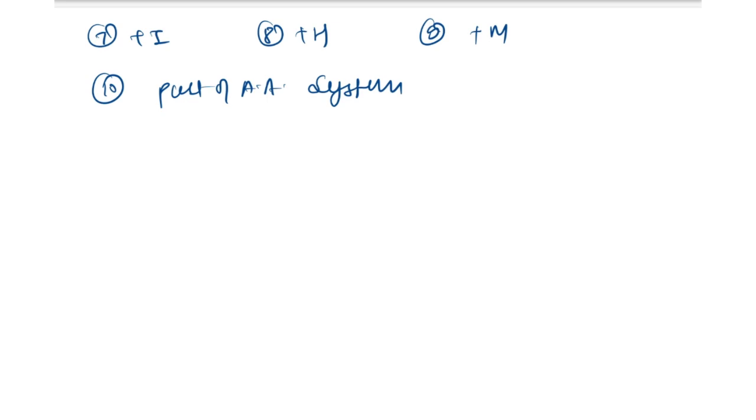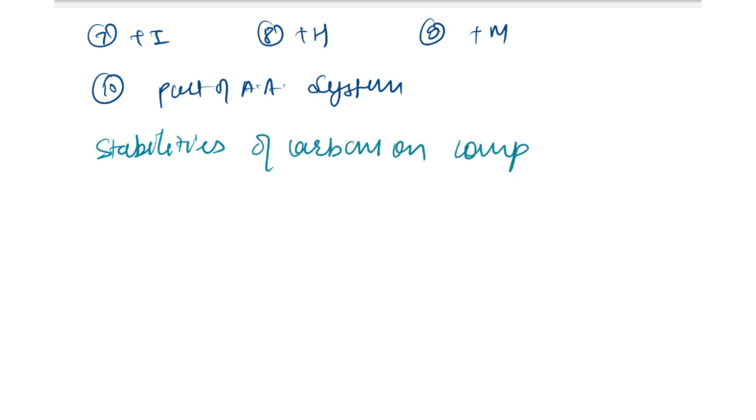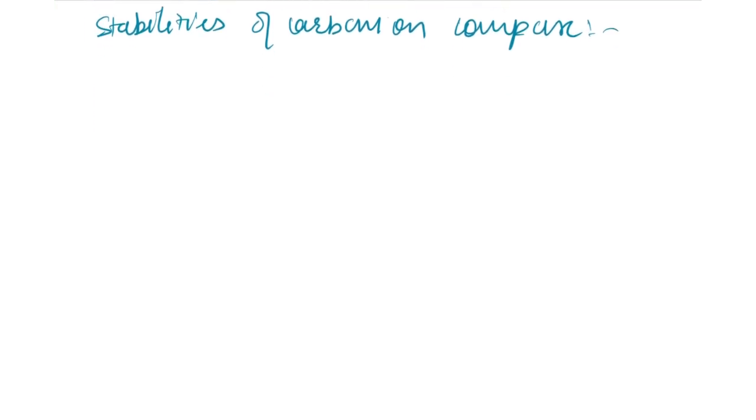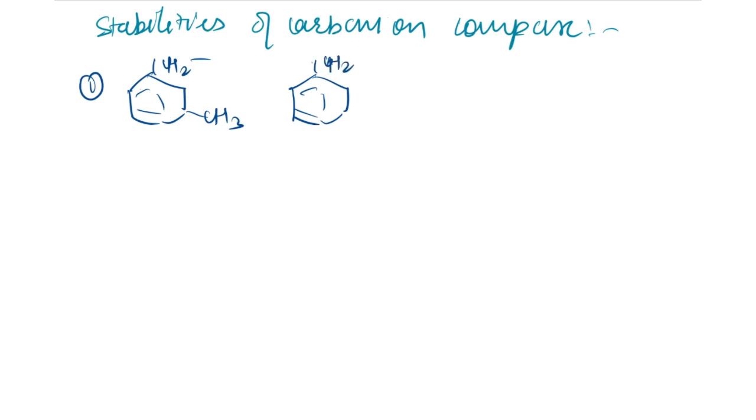So let's solve some questions of carbanion, stability of carbanion. Carbanion compare. First, CH2 negative, CH3. CH2 negative, CCl3.